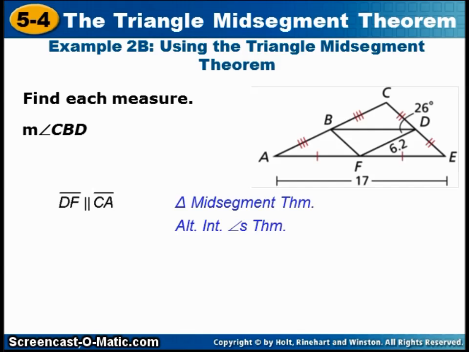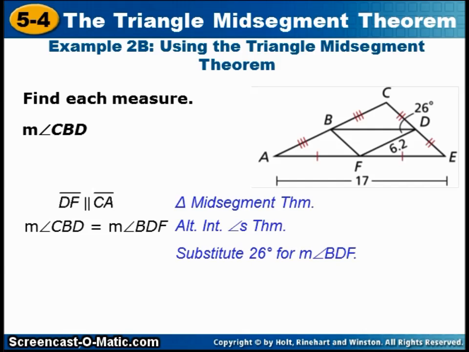Since the lines are parallel, we're going to use alternate interior angles, which means that CBD and BDF are equal. So if the measure of angle BDF is 26 degrees, that means the measure of angle CBD is also 26 degrees.